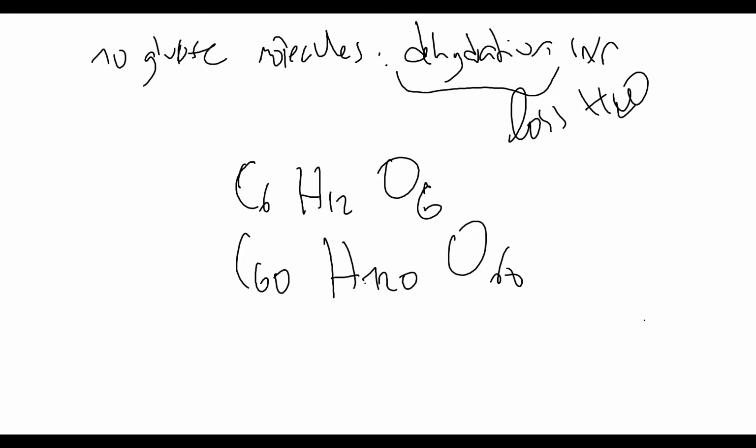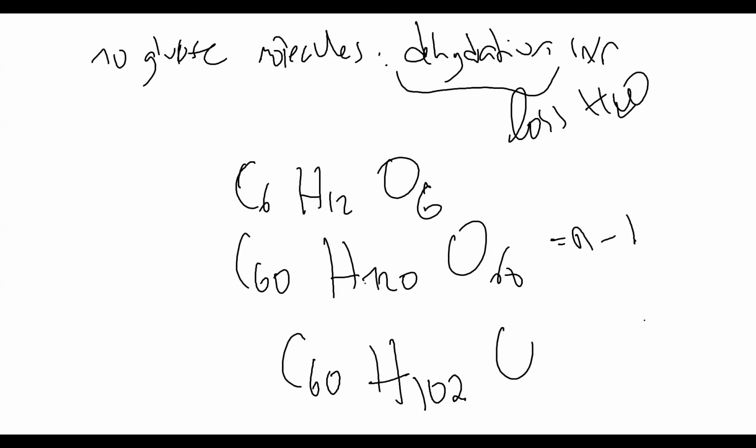So we're going to lose from 120. We should always put in mind that the loss of H2O is N minus 1. So it will be C60 H102 O51. Because we have two hydrogens, we're losing 2 times 10 is 20. Take 20, it will be 100.